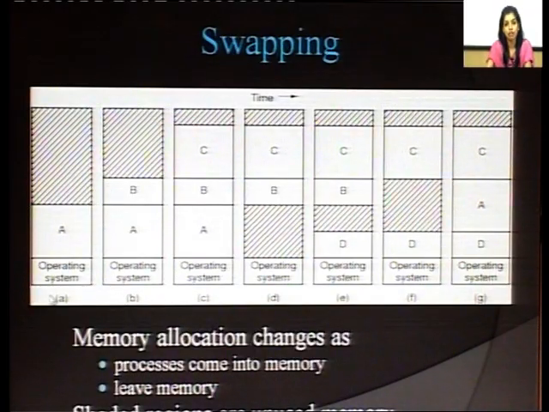And there are different ways of swapping a page. First we have only the operating system and A, then we request B, so the operating system, A and B are in memory. Because we have space, there is no need for swapping.